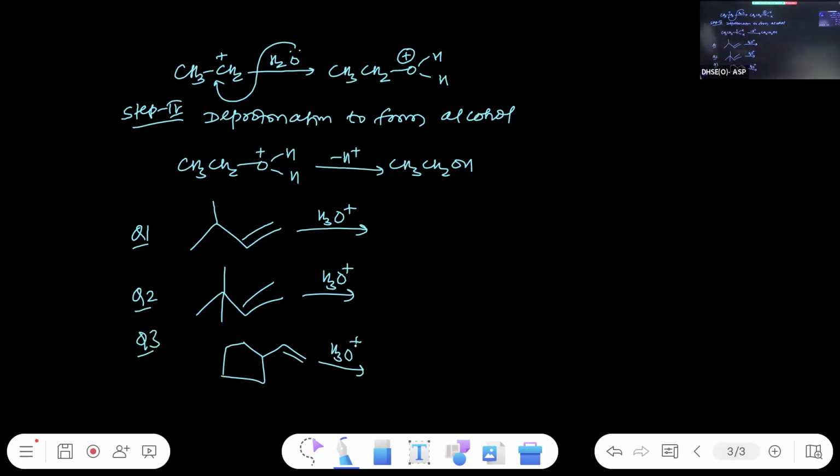Okay, so these are 3 questions. So quickly try, take 2 minutes. And the hint is, in all the questions, carbocation rearrangement may take place. 2 minutes only.